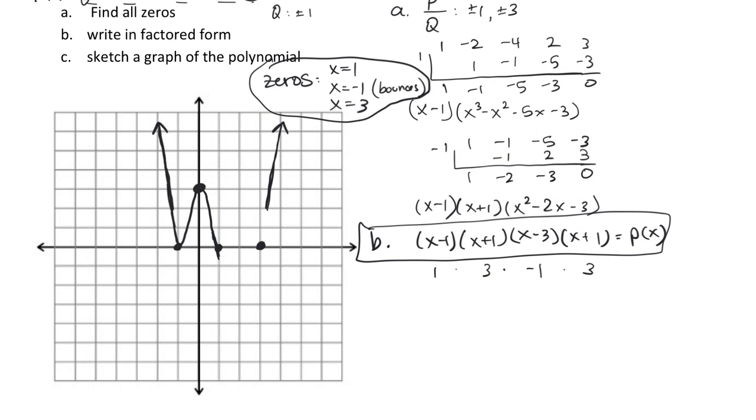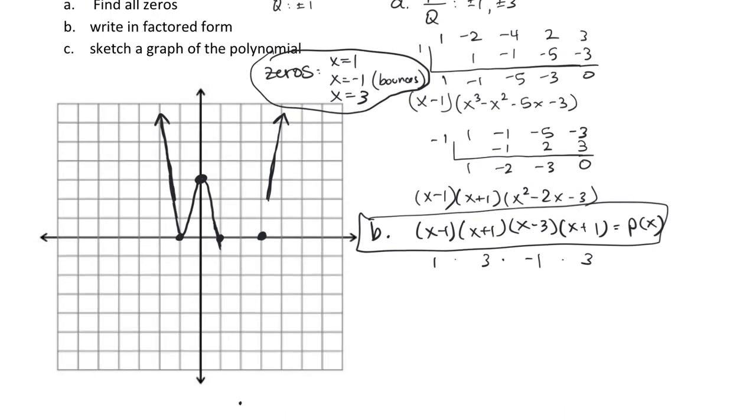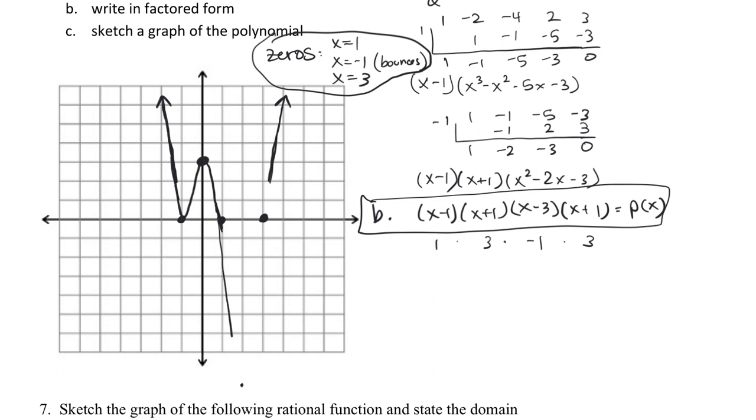So 1 times 3 times negative 1 times 3, that's negative 9. So we go all the way down to negative 9, which is about right here. So 2 comma negative 9. And then it comes through at x equals 3, it crosses through and connects up right up there.